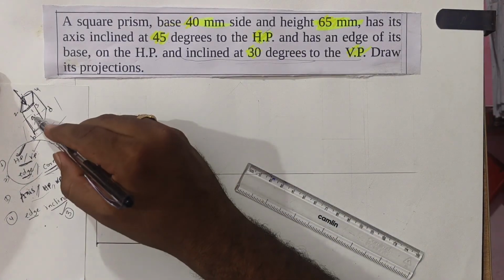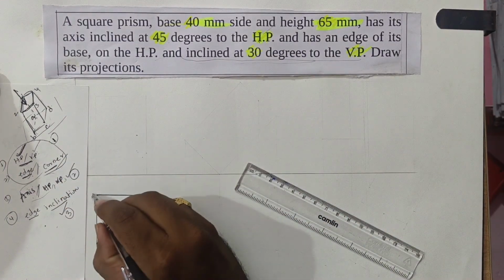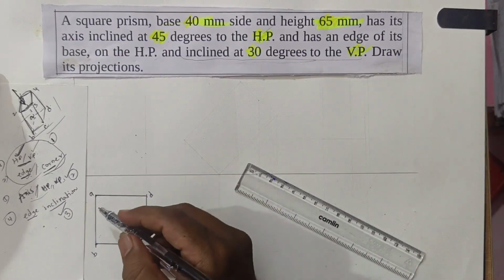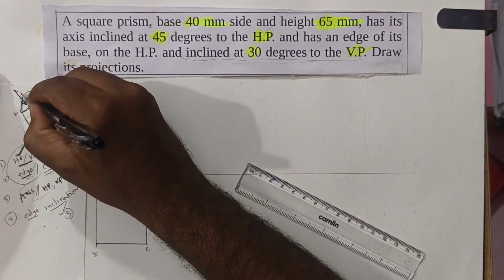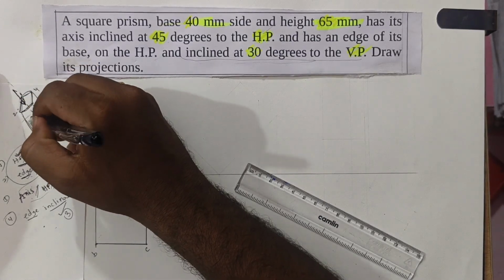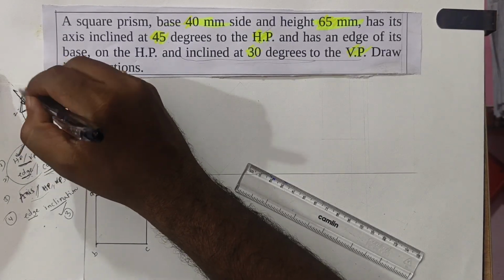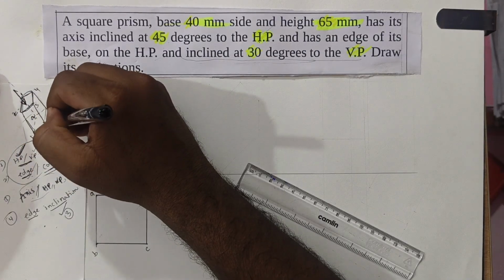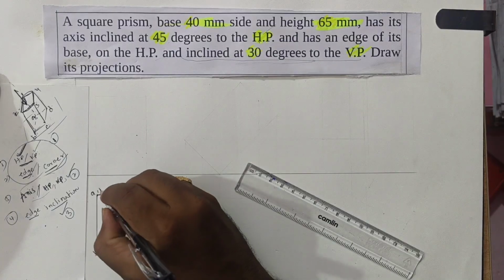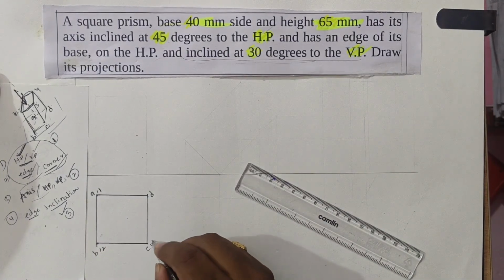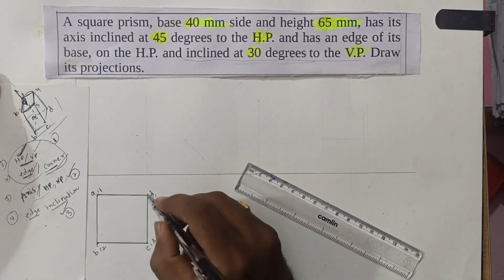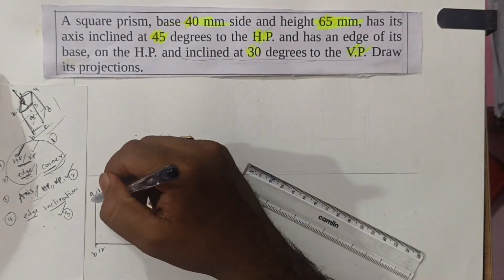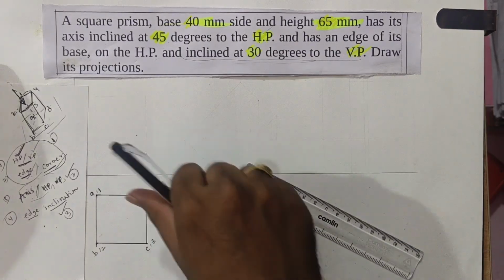So the base corners are A, B, C, D. Let me mark them A, B, C, D. But when you see from the top, the corners 1, 2, 3, 4 also coincide with A, B, C, D. The corner 2 and corner B coincide, and corner 3 and corner C coincide. So let us say this is 1, this is 2, this is 3, this is 4, where 1, 2, 3, 4 are the top corners and A, B, C, D are the bottom corners.